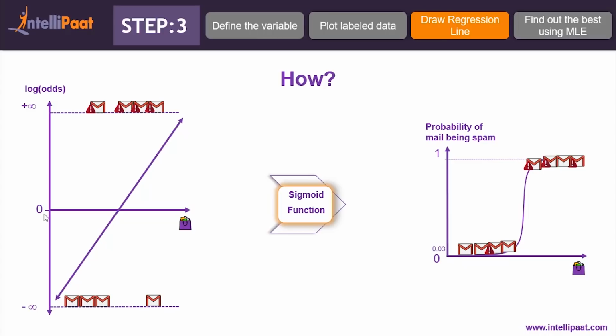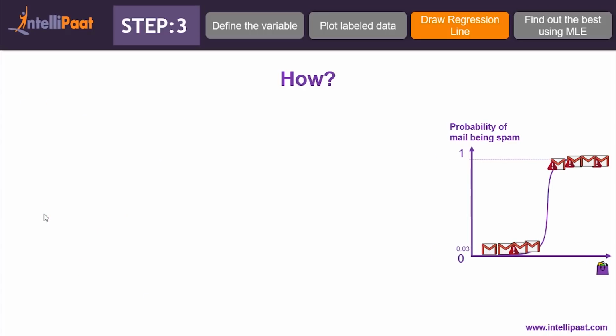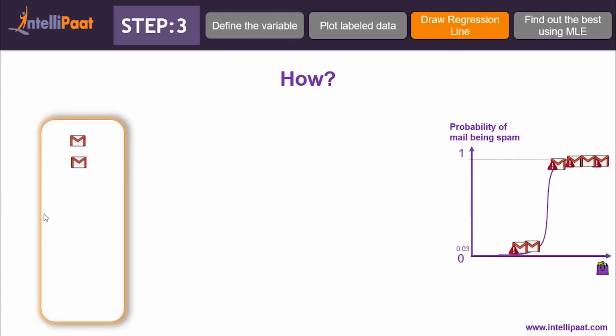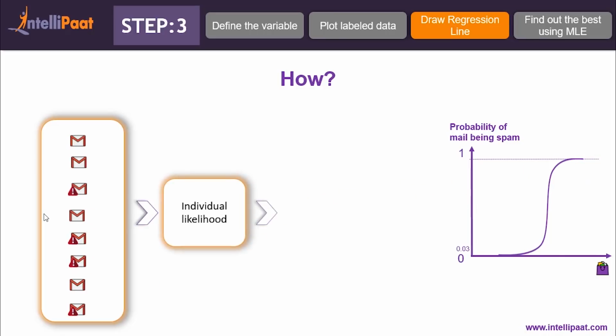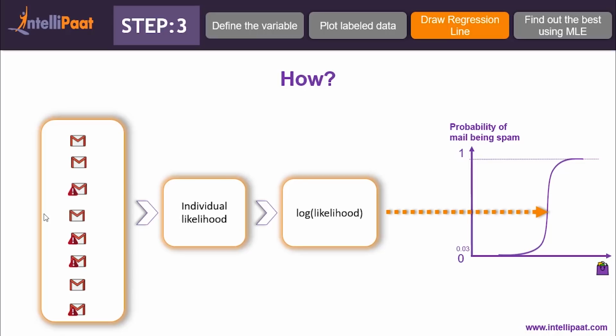And this will form our regression curve. Then finally from this plot, we'll find out the log likelihood values of each mail, the individual likelihood. At last, we'll find the log of likelihood. That would be our log likelihood of the regression curve.